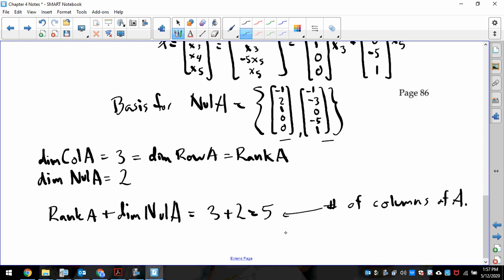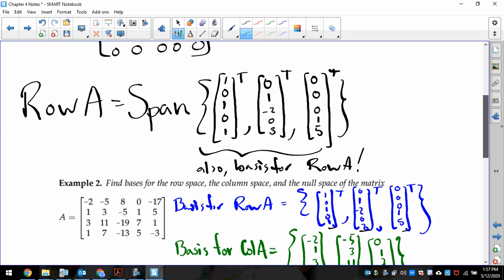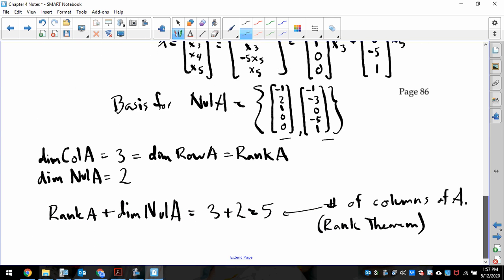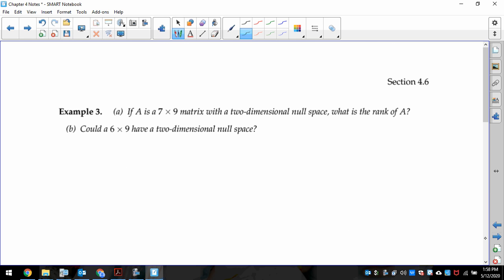Okay, so this is the rank theorem. Cool. So let's see, we did everything that they asked for there, I think. We even did more. We used the rank theorem. We'll probably have to use this on the next page, I'd imagine.